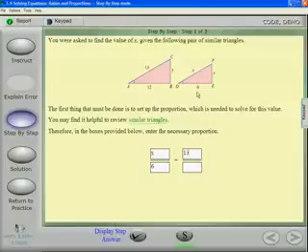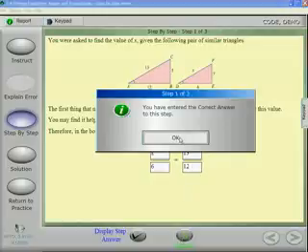So x is to 6 as 13, and then corresponding to 6 would be 12. So x is to 6 as 13 is to 12. That's correct.